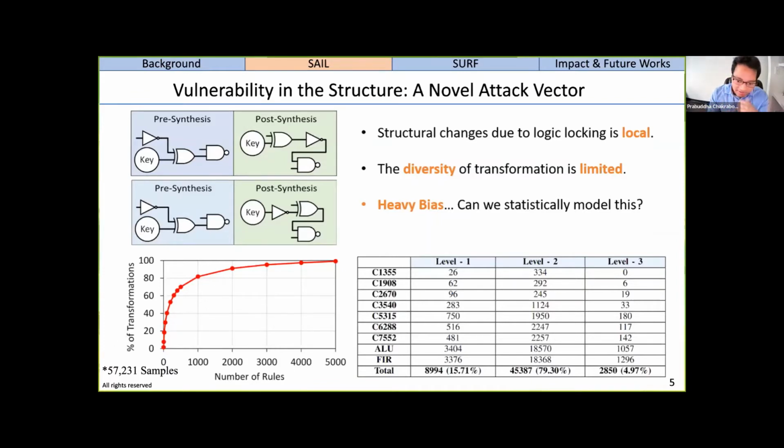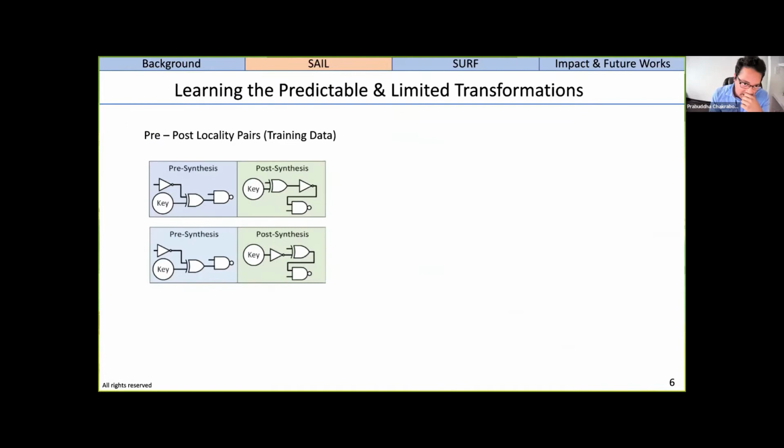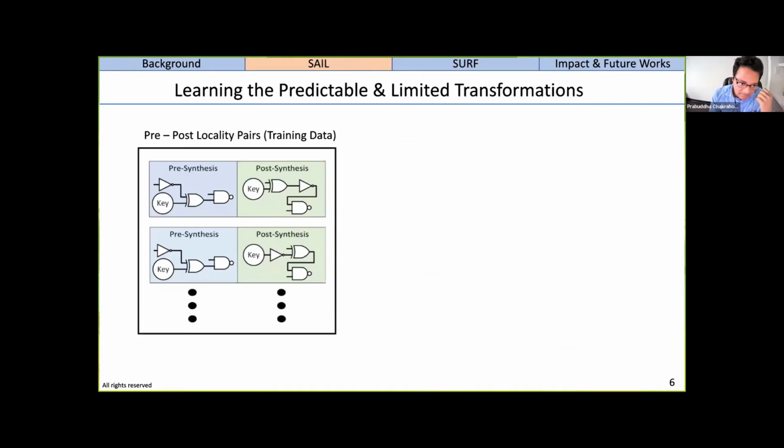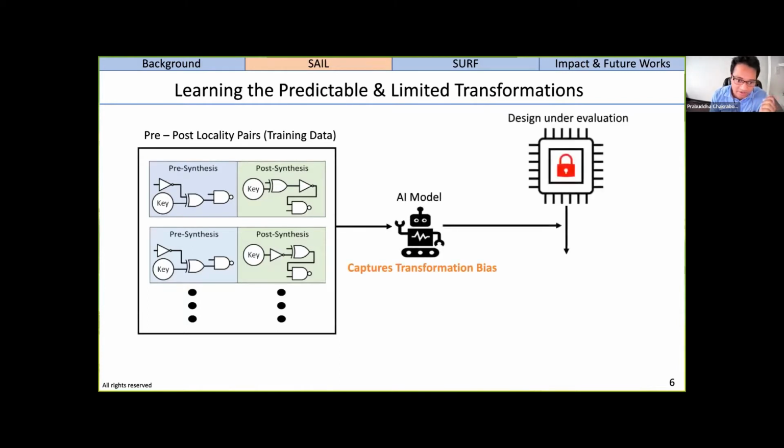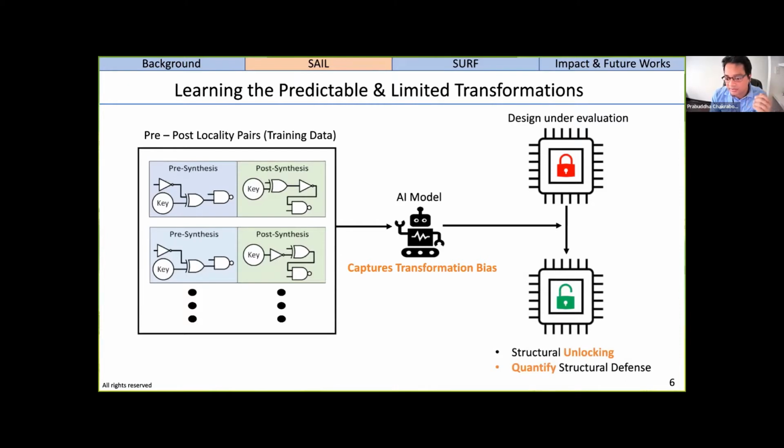So that motivated us, and we took the post-synthesis and pre-synthesis design pairs, and we trained the AI model to learn the transformations and to capture this transformation bias. Then given the design and the evaluation, we could structurally unlock the design, and we could also quantify the structural defense of such a locking technique.